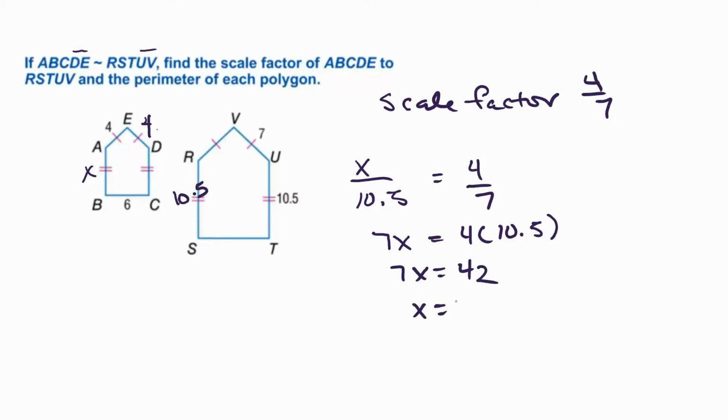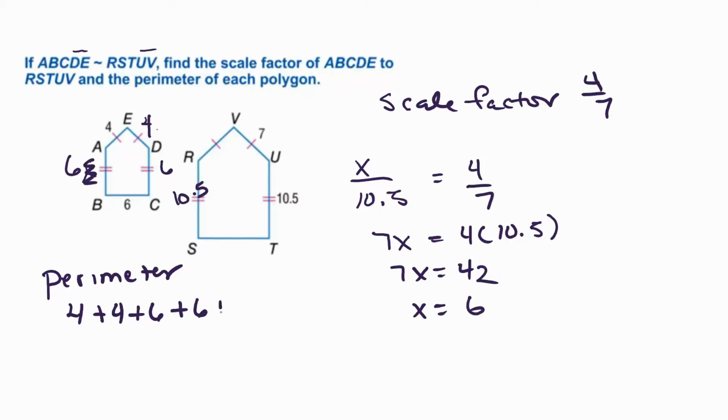So X equals 6. So this side here is 6 and 6. To find the perimeter of the smaller one, we would add all the sides. 4 plus 4 plus 6 plus 6 plus 6, which would give us a perimeter of 26.